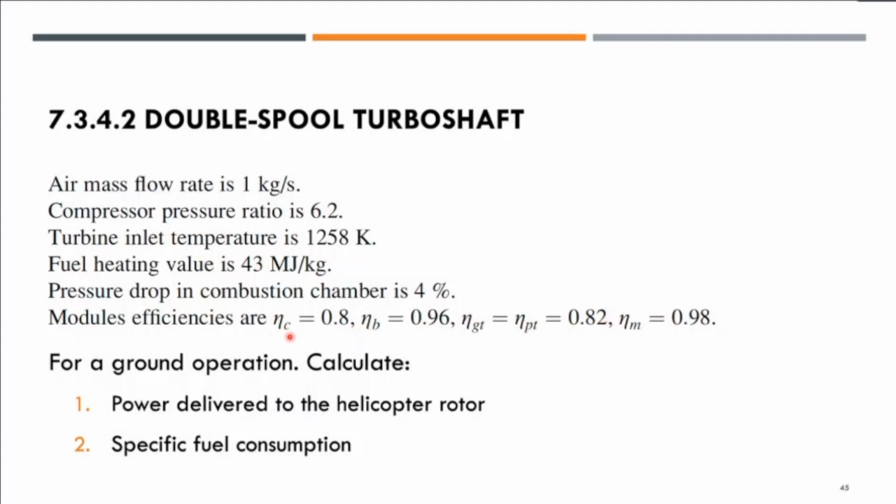The compressor efficiency is 0.8, the bleed efficiency 0.96, the gas turbine efficiency equal to the power turbine efficiency 0.82, and the mechanical efficiency 0.98.